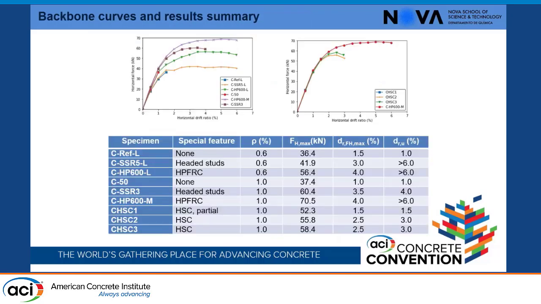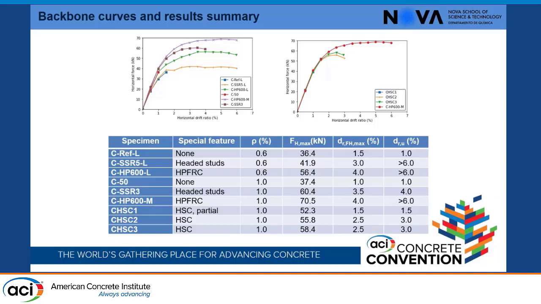In this slide we have the backbone curves of all the specimens. In the figure on the left, we compare the high-performance fiber-reinforced concrete with the slab with studs. I would highlight here that comparing this green curve with the orange curve, with the same amount of reinforcement, the high-performance fiber-reinforced concrete had a much higher horizontal load due to the fibers.